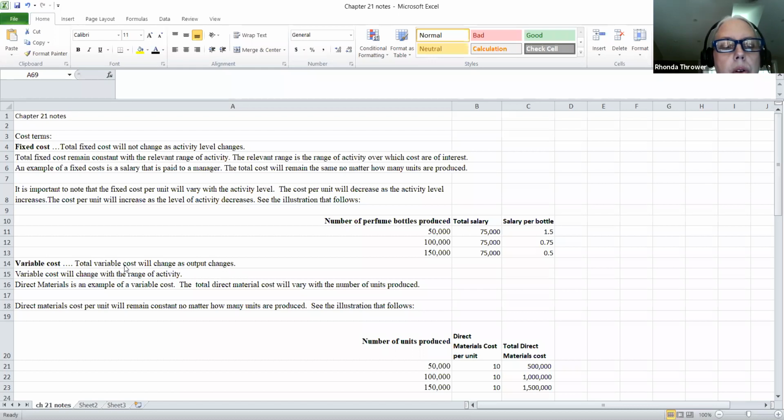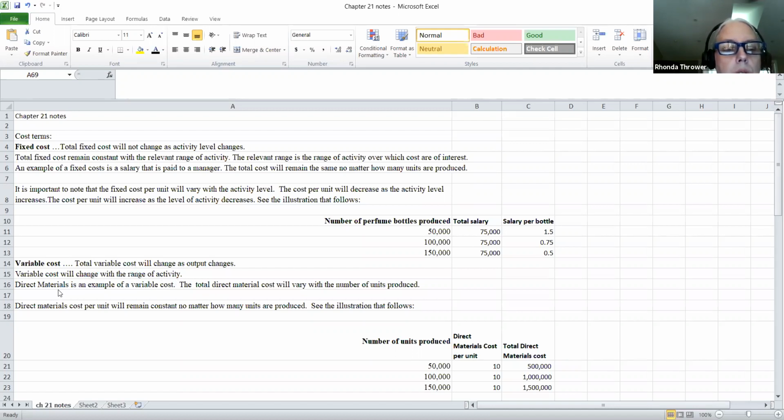The total variable cost will change as the output or the level of units that we manufacture changes. Variable cost will change with the range of activity, and that's variable cost in total. An example of a variable cost would be direct materials.